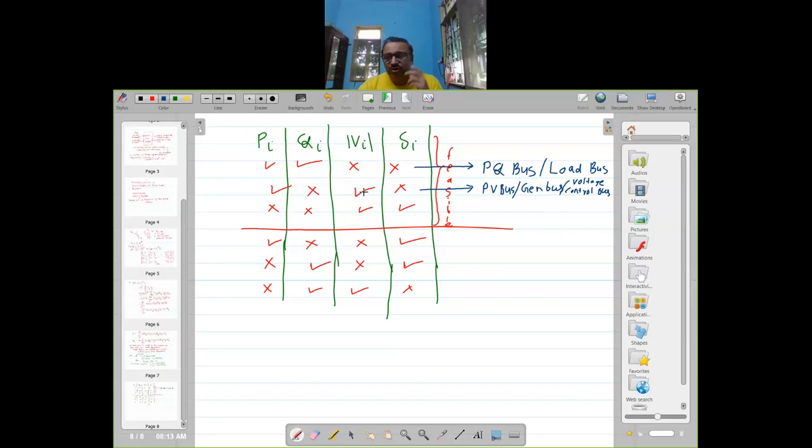Also, we can control the voltage magnitude of that generator. How do we control the voltage magnitude? Voltage magnitude we can control by adjusting the field current. You know that the voltage induced is 4.44 F N phi, so it is proportional to F, it is proportional to N, it is proportional to phi.